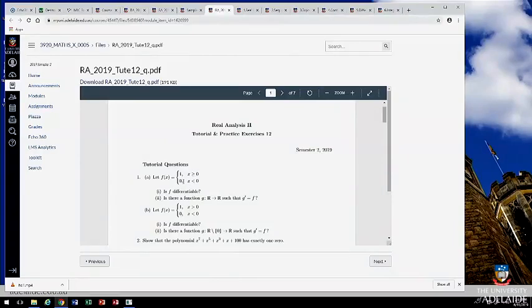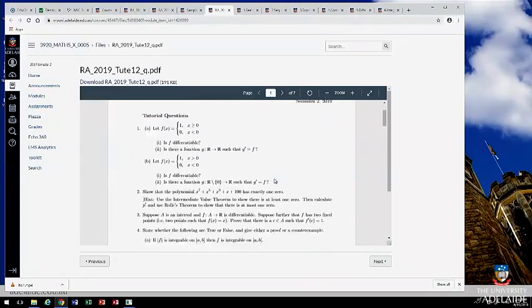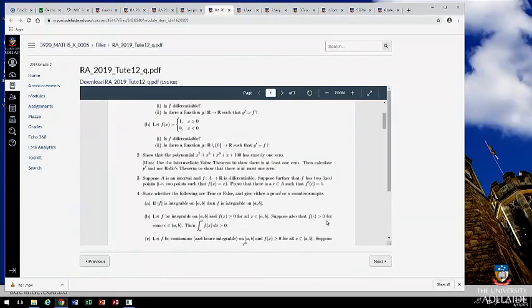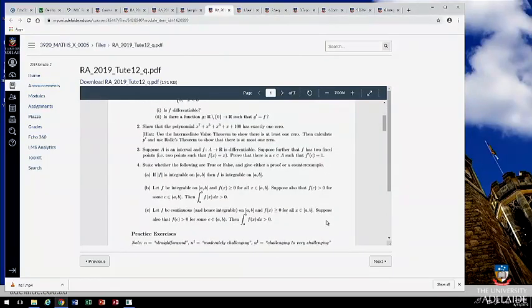Cool. Okay. Good. Any other thoughts or questions about continuity and differentiability before I move on from it? Rolle's theorem.